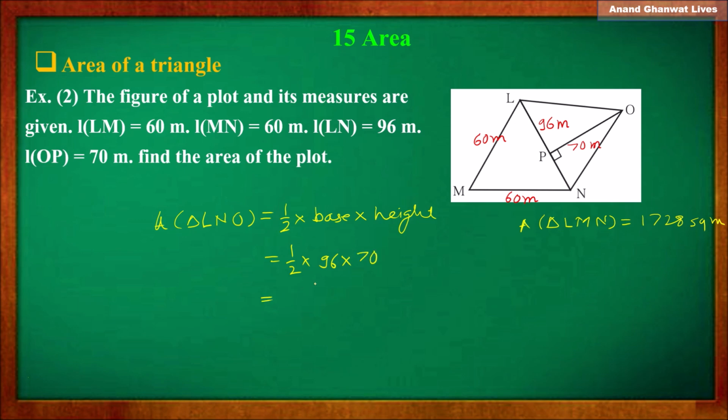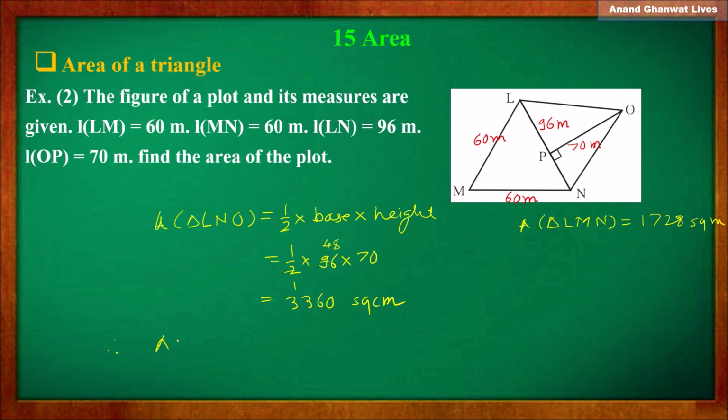So it is equal to 2 1s are 2, 2 4s are 8 and 2 8s are 16. So 48 into 70, yes, that is 3360 square meters.